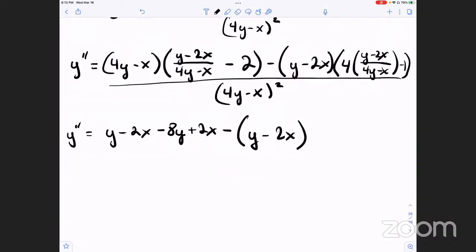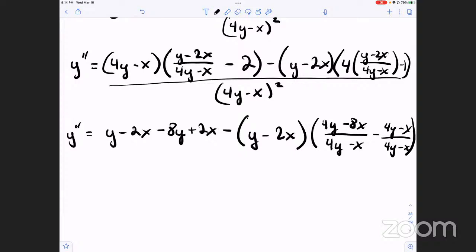So then if we distribute that 4 and get a common denominator, we're going to have 4y minus 8x over 4y minus x. And then the common denominator will be 4y minus x over 4y minus x, okay?